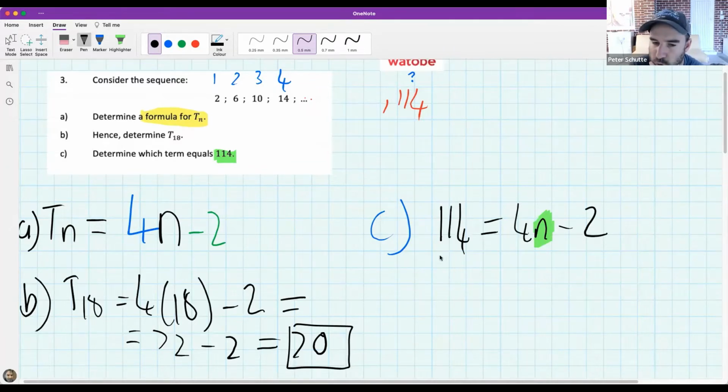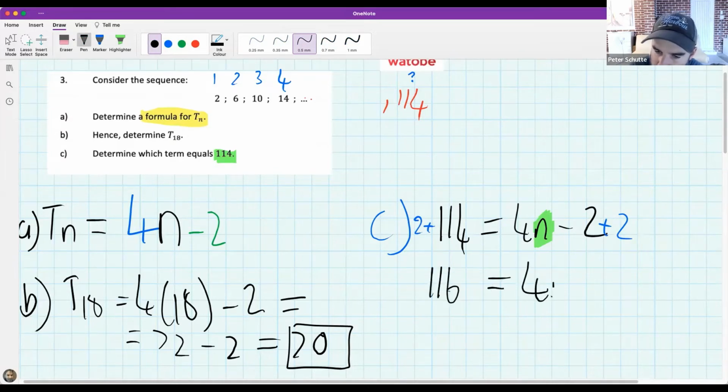You have talked, but let's go again. How would we approach this? We would add 2 to 114 and do 4n minus 2. So you're saying add 2 on this side and add 2 on this side, and you get 116 equals 4n. Fantastic.